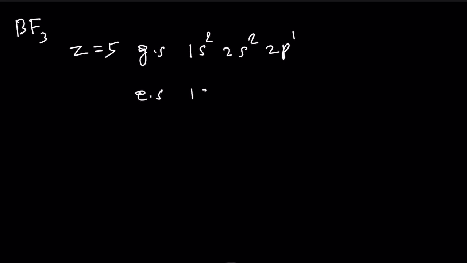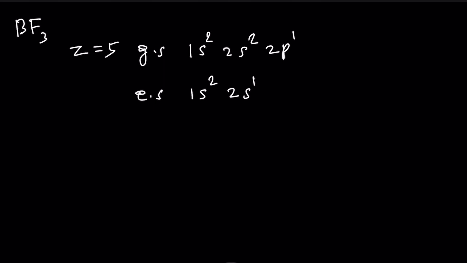Here boron is the central atom. So, the atomic number is 5 for boron and the ground state electronic configuration is 1s2, 2s2, 2p1. In the excited electronic state, one of the electrons from the 2s orbital will go to the 2p orbitals.